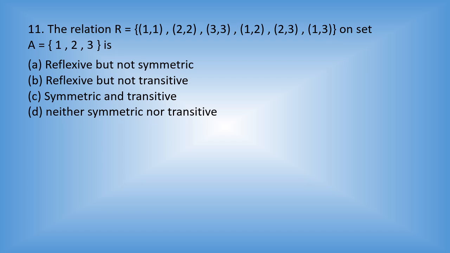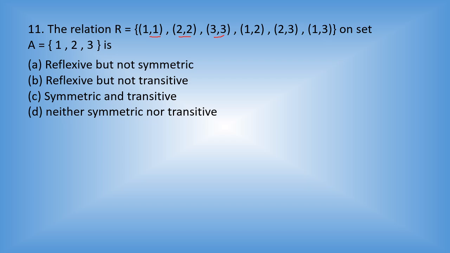To say that this is reflexive, the ordered pairs (1, 1), (2, 2), (3, 3) should belong to the relation R, having all three elements. Therefore, this is clearly reflexive. So here reflexive is there. In option B also reflexive is there. And we have to check whether one of these two is the answer or some other option.